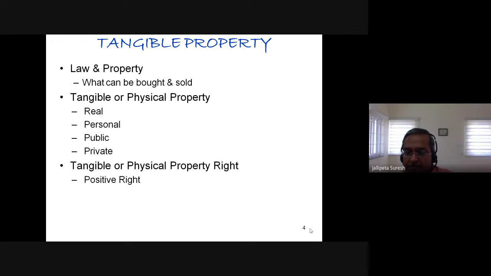Land is something which is generally referred to as real property, and anything connected to the land, such as a house, is also considered real property. When we say personal property, that is something which is personal or movable, or something which you have acquired.